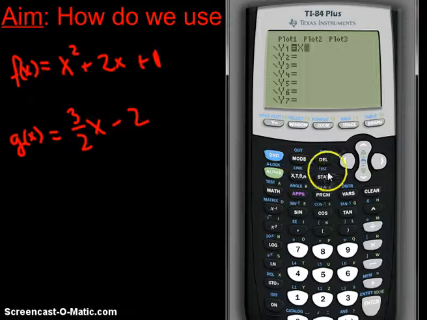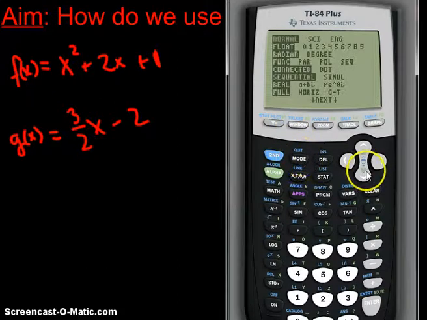f of x here. I think you can actually put a calculator into function mode, which I don't know if that's useful or not, but let's take a look. Mode has sequential mode. Oh, it has function mode. We're in function mode. There's parametric mode, and polar coordinates, and sequences, and other modes, but we're in function notation.